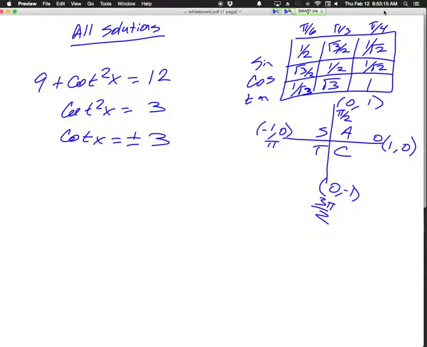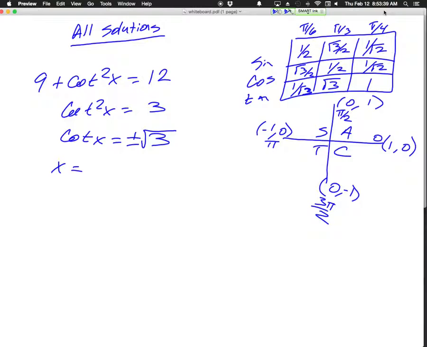Or, yeah, I didn't do the square root, did I? So would it be negative pi over 3? So what's it going to be? It's going to be pi over 6. How'd you get pi over 6? Because cotangent's a reciprocal of tangent. So if cotangent equals radical 3, that means that tangent equals 1 over radical 3, and that's where we get pi over 6 from.